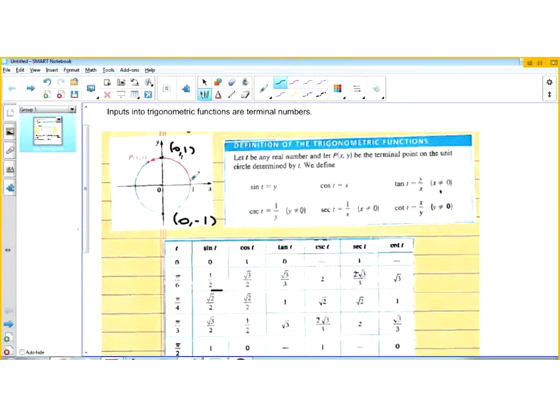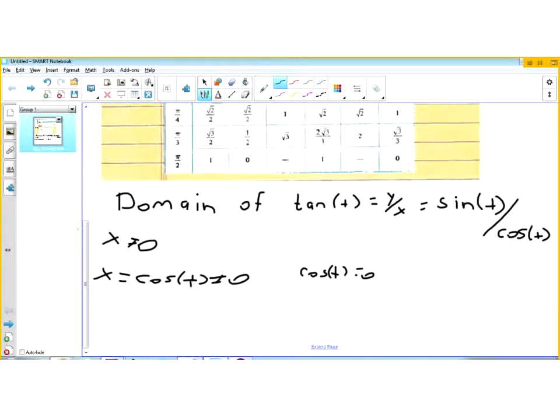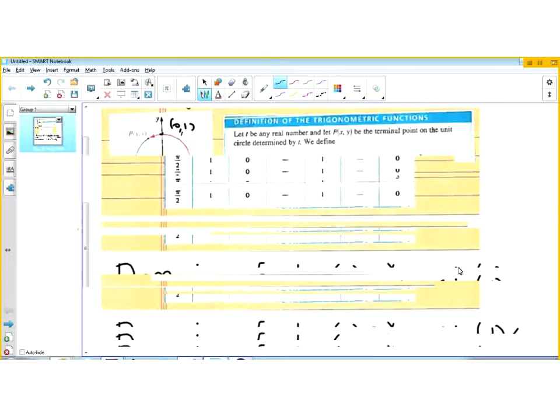And so what terminal numbers generate a terminal point of 0, 1? Well, if t were equal to pi halves radians, then the coordinates of its terminal point are 0, 1. So clearly, t cannot equal pi halves, because cosine of pi halves radians is 0.